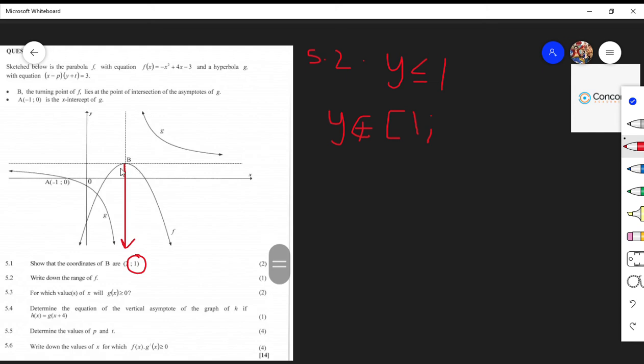So our range is going from positive 1 all the way down to negative infinity. And whenever you're dealing with infinity, whether it's positive or negative infinity, it's always going to be represented with a rounded bracket.